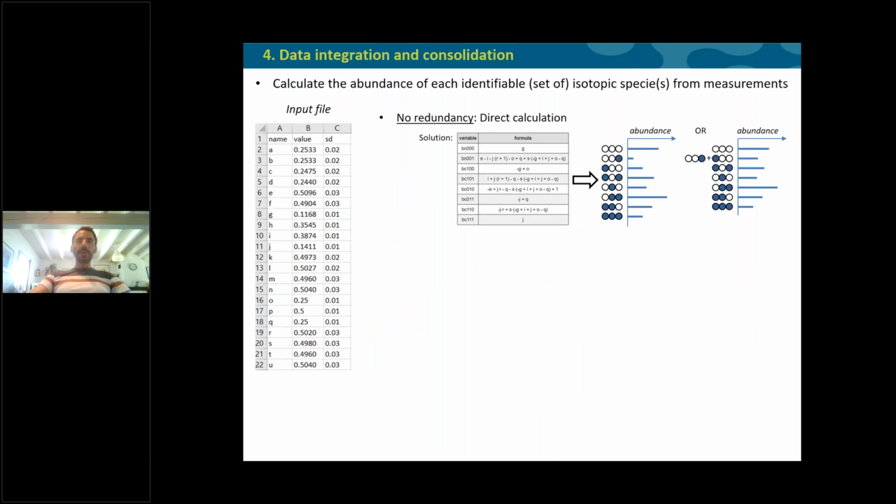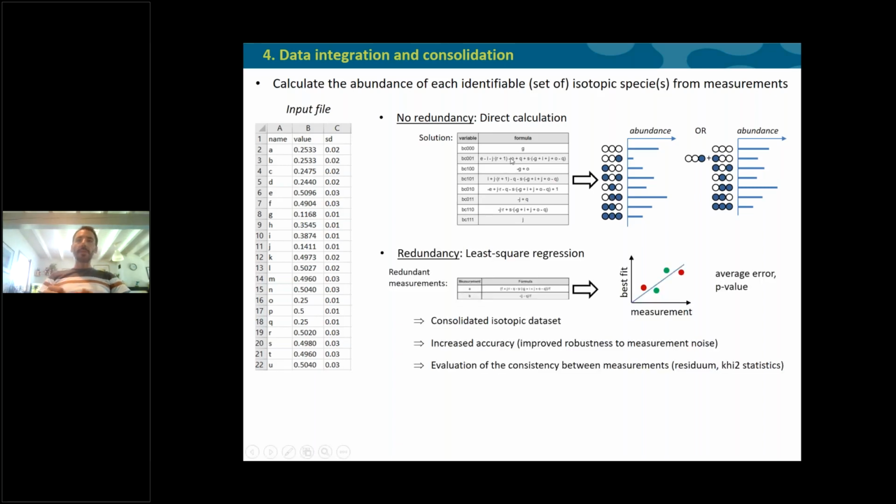When we want to integrate the data, we have two different situations. First, we have no redundancy. That means that out of the equations, we can directly calculate the abundance of each isotopic species from the measurements.